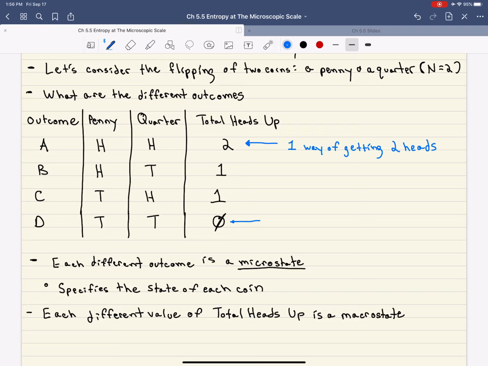And then there is only one way of getting 0 heads. But in both outcome B and C, we saw that we got 1 head.